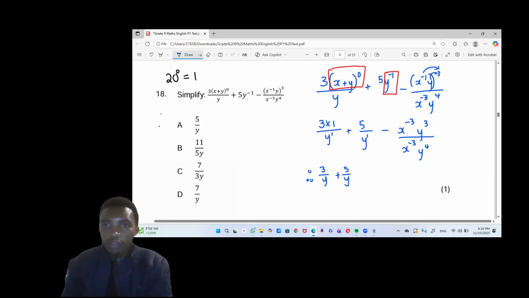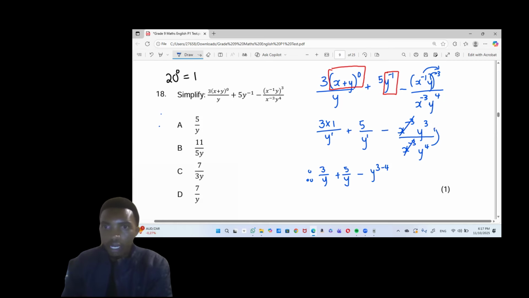Now here, if ever we divide the same exponents, what happens? We subtract. They cancel each other out, right? So this is going to cancel that out. And then here, we're going to have y, 3 minus 4, correct? Yes.